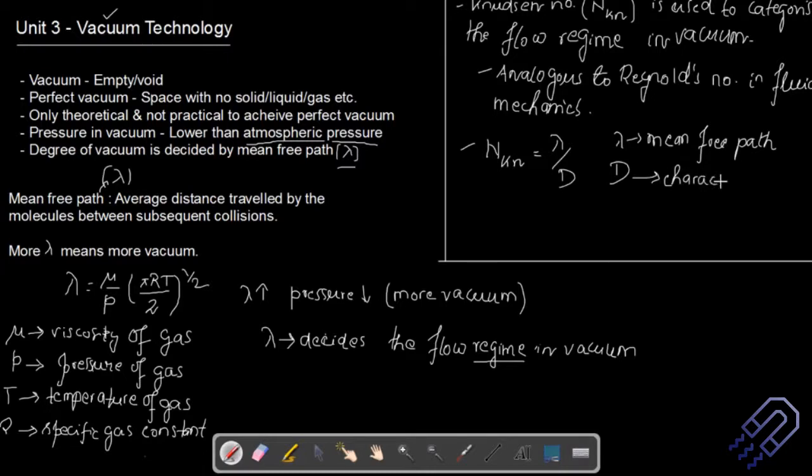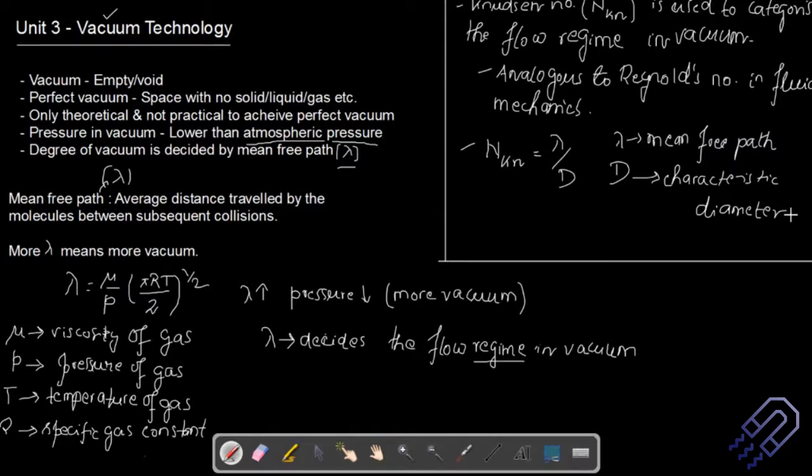I'm going to explain this. So this is your Knudsen number, which is actually complementary to the Reynolds number that we have.